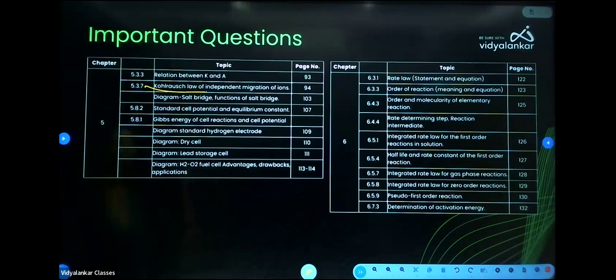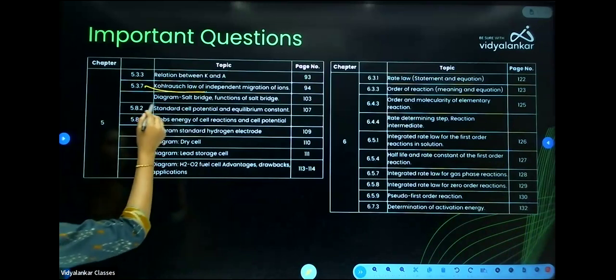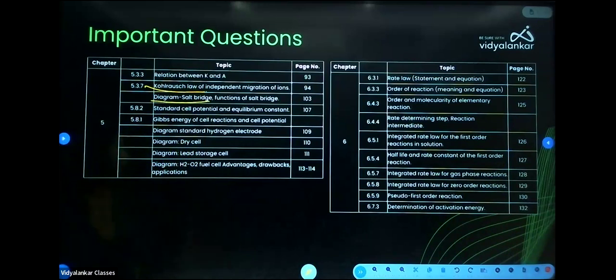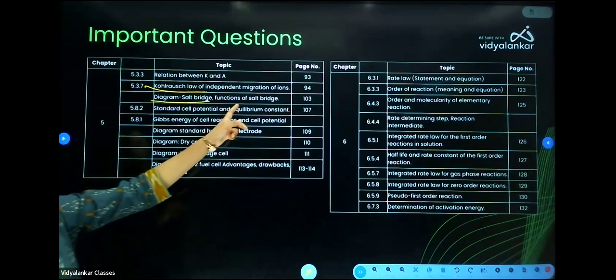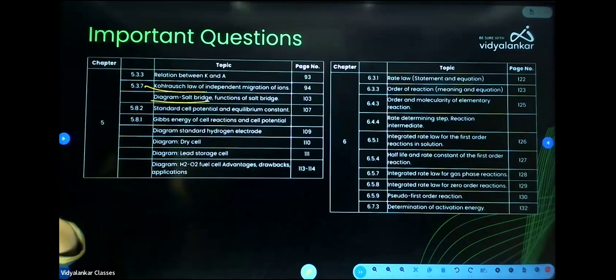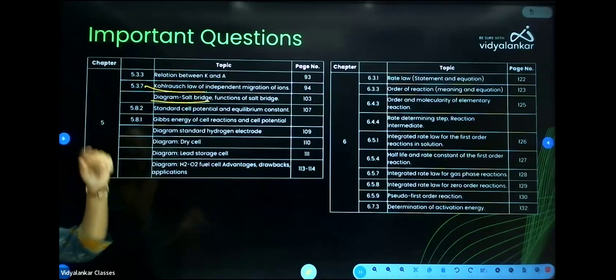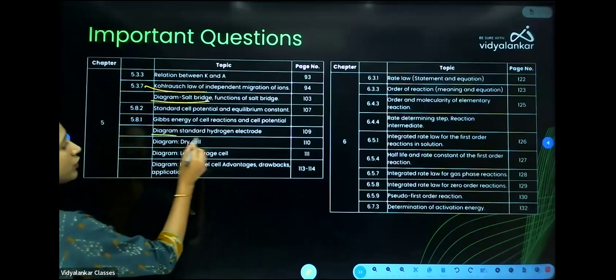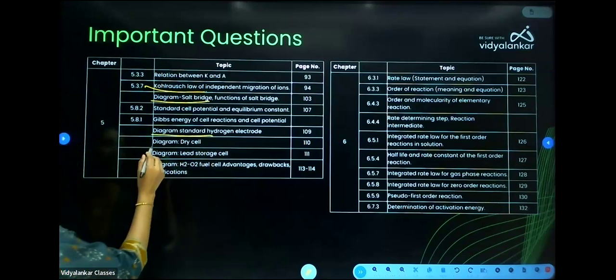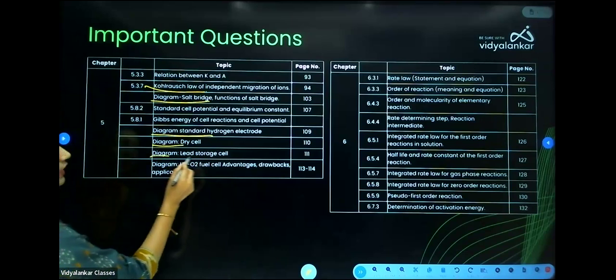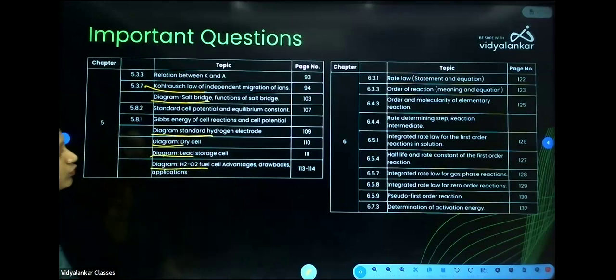Then, as I said, all the diagrammatical representations. Here, the first diagram is for the salt bridge. Writing the functions of the salt bridge generally comes for 1 mark, so do not skip the functions of the salt bridge. The next diagram can be of the standard hydrogen electrode, then the dry cell, the lead accumulator, and the H2O2 fuel cell.